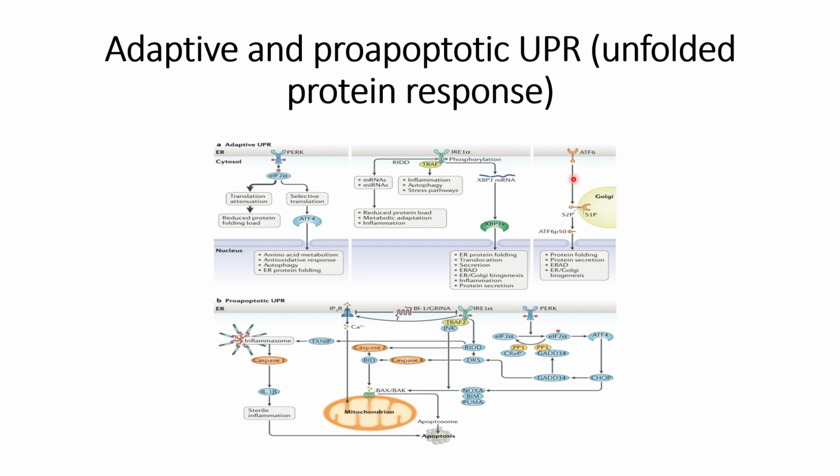And the third pathway that will activate is the ATF6 pathway. So what will happen is that this ATF6 protein will move into the Golgi.